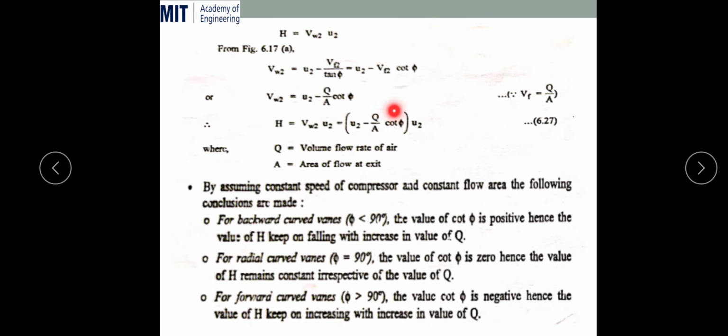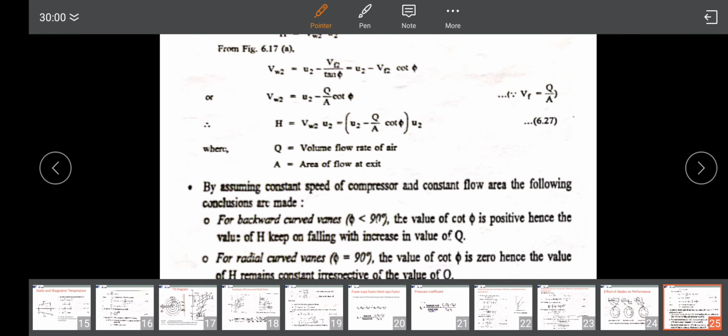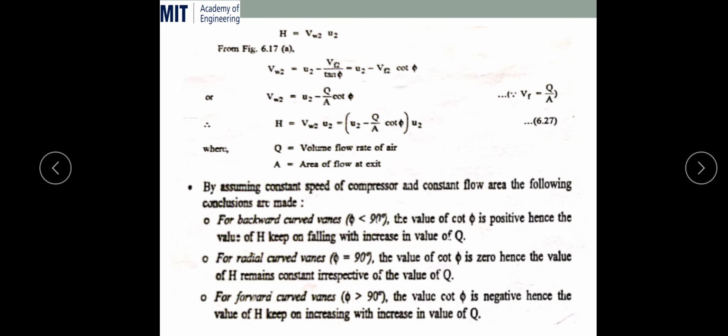If this cot phi is increasing, Q is changing, but A is constant. If cot phi increases, the H value is decreasing, because it is subtracting basically.